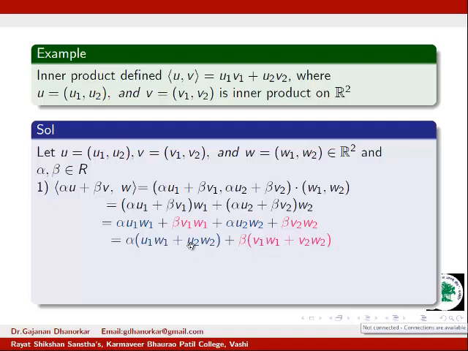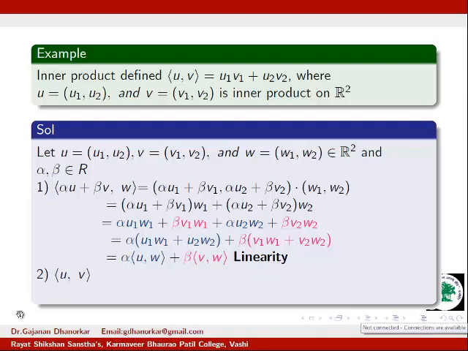Now u1 w1 plus u2 w2 is the inner product of u and w, and v1 w1 plus v2 w2, as per our definition, is the inner product of v and w. Therefore we can write this as alpha into inner product of u, w plus beta into inner product of v, w. This is our first property, linearity, and linearity holds.